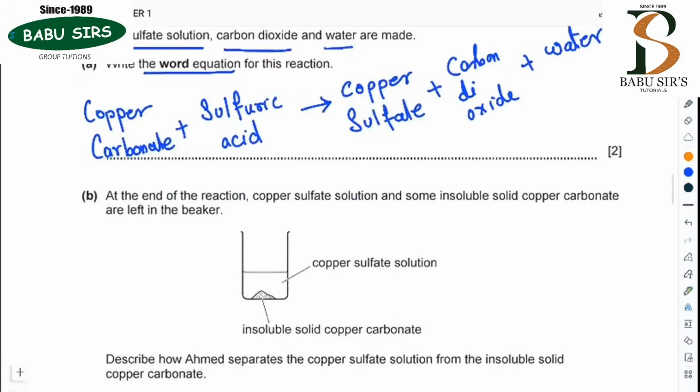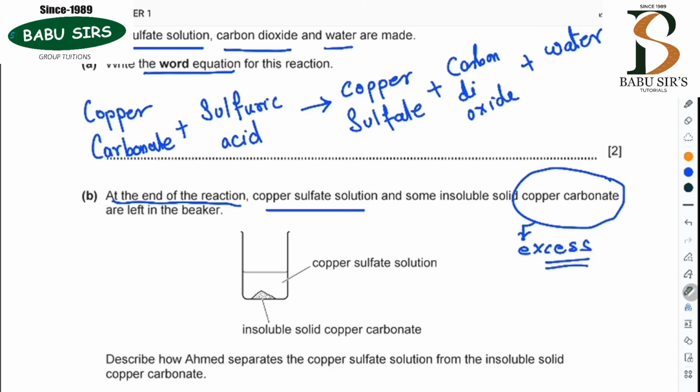Now at the end of the reaction, you are getting a solution of copper sulfate and there is some solid left of copper carbonate. Now why is this solid left? This must be in excess. It must be more. So that is why it is left.